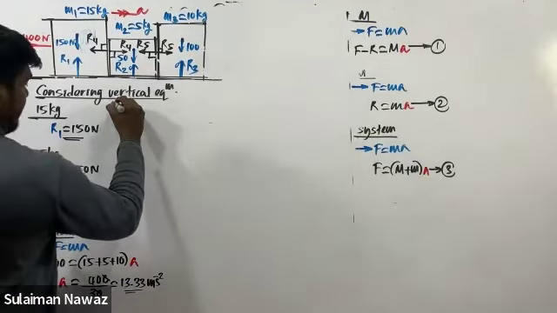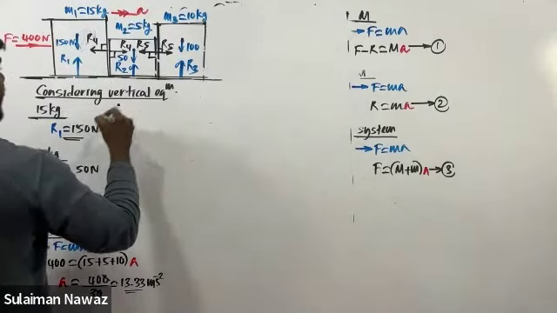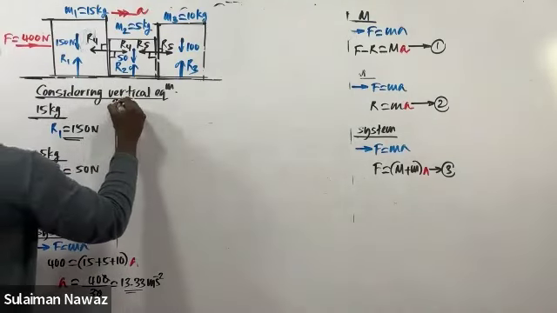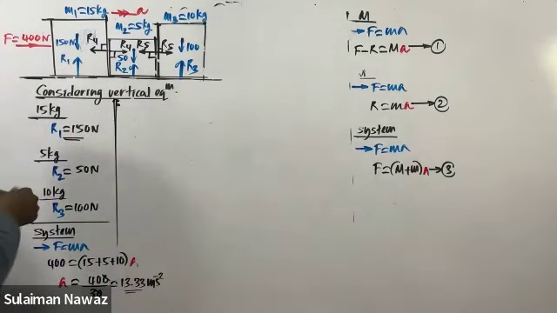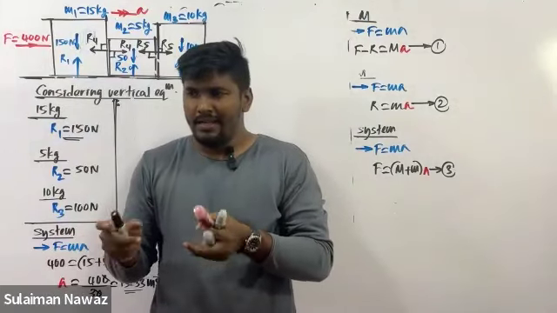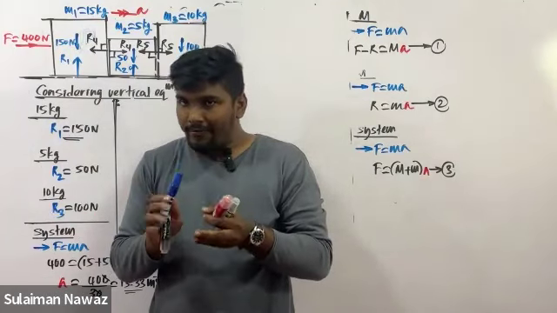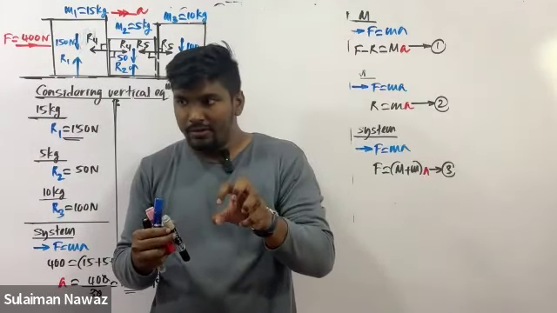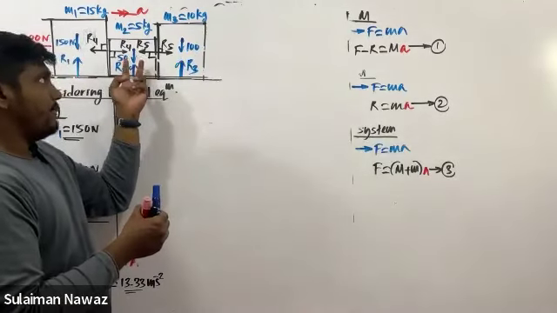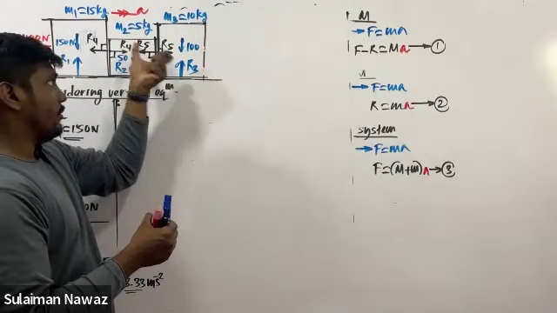Once you found the acceleration, now you want to find R4, R5. You can find R4 first and R5 later, but I thought of finding R5 first. In order to find R5, you want to apply F equals MA for a mass, because R5 is involved with M2, 5 kilograms, and M3, 10 kilograms.